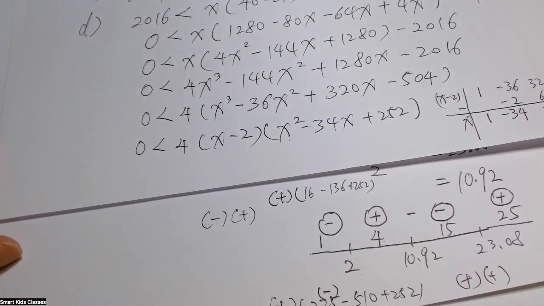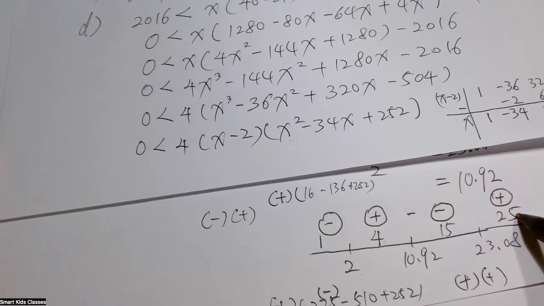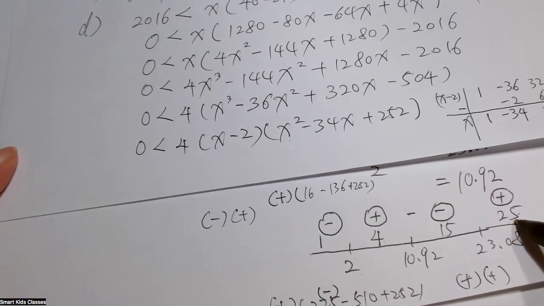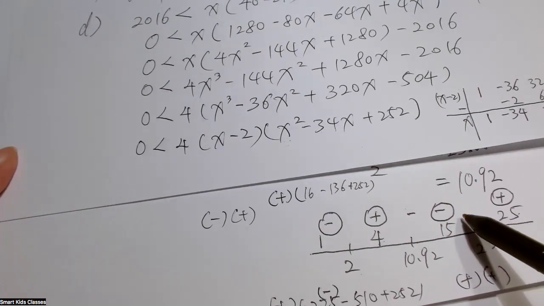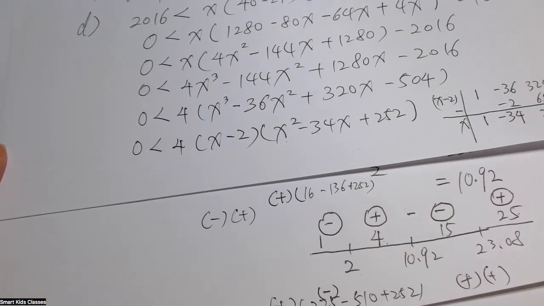Very good. From here, we know 4 and 25 are solutions. But the height x cannot be 25 cm, it will be too large. So I guess we only take 4 as a solution.